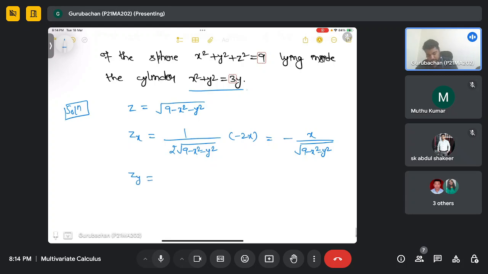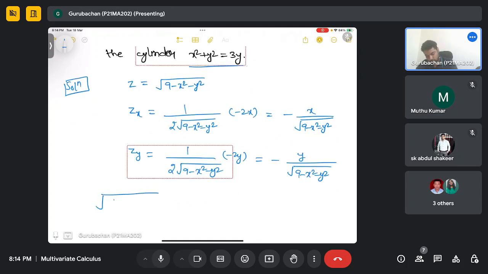Similarly, zy will give us 1 by 2 times under root 9 minus x square minus y square into minus 2y.